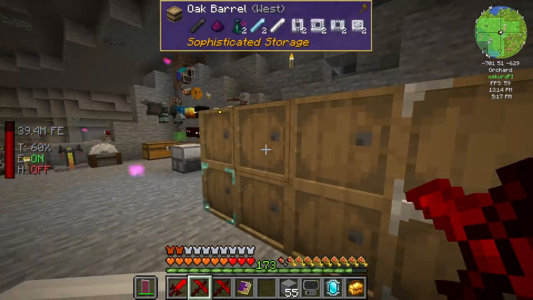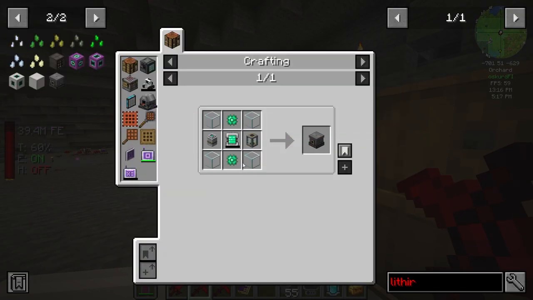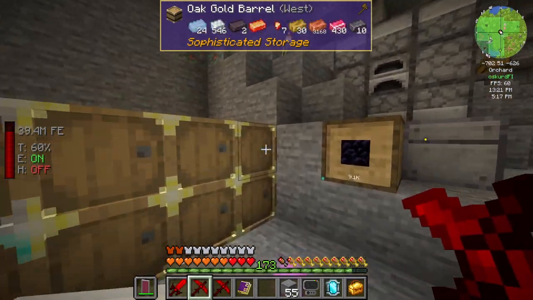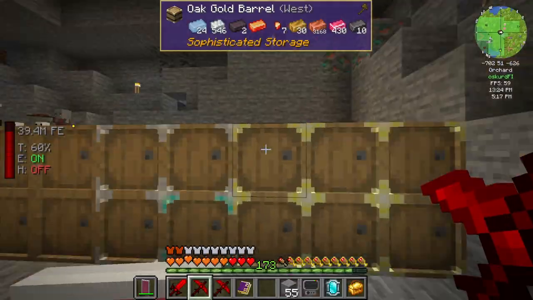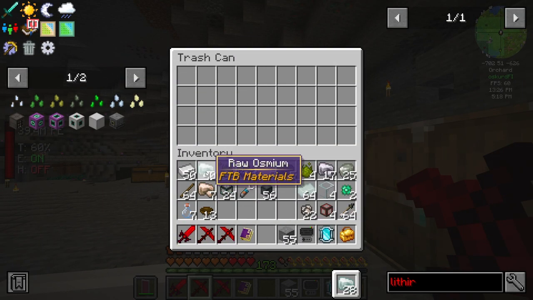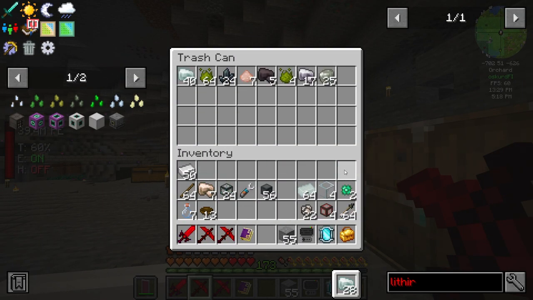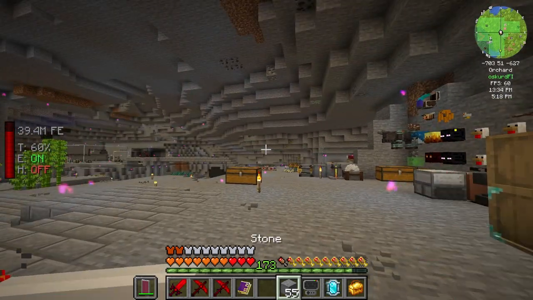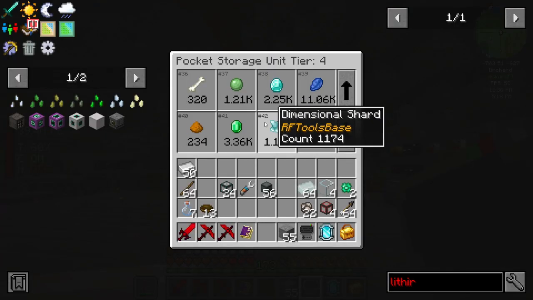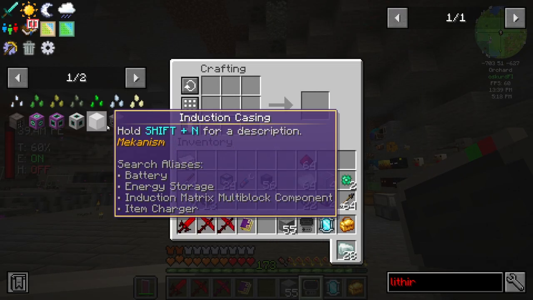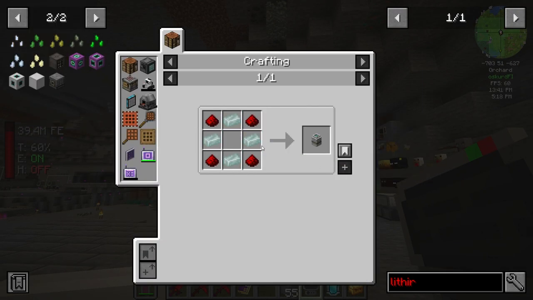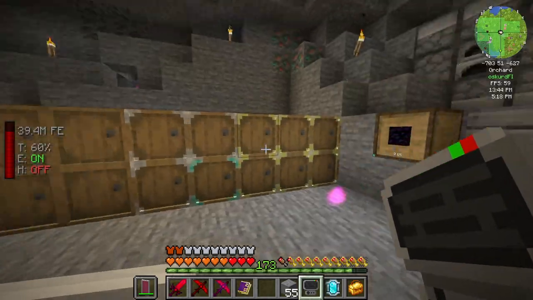We need 4 of those. Then we need to make that one. It's just osmium. Osmium, redstone. Osmium? Oh, I took tin. Oops.